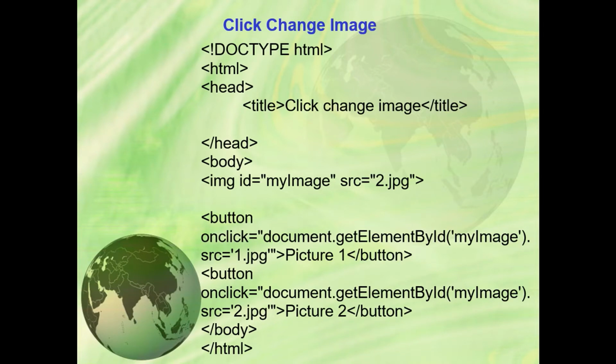I am using img_id here, the name of the picture, and the same ID I'll call here. Then this will apply onto both images. Okay, see how to do this.